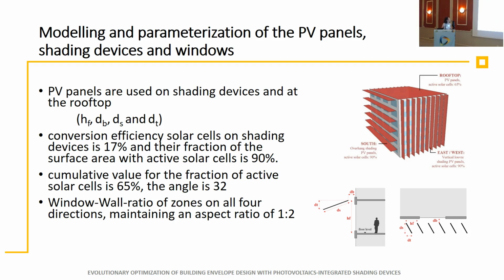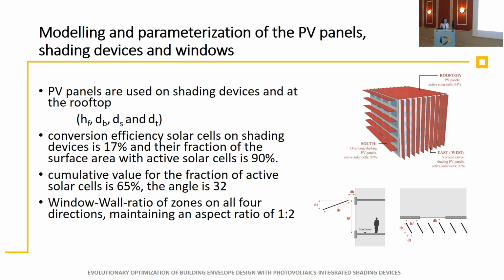The conversion efficiency of solar cells on the shading devices is 17%, and their fraction of the surface area with active solar cells is 90%, meaning that 90% of this area is dedicated to photovoltaics. The fraction of active solar cells on the rooftop is 65%, and the angle is 32, which is the optimal inclination for Ankara, for which the simulations are run.